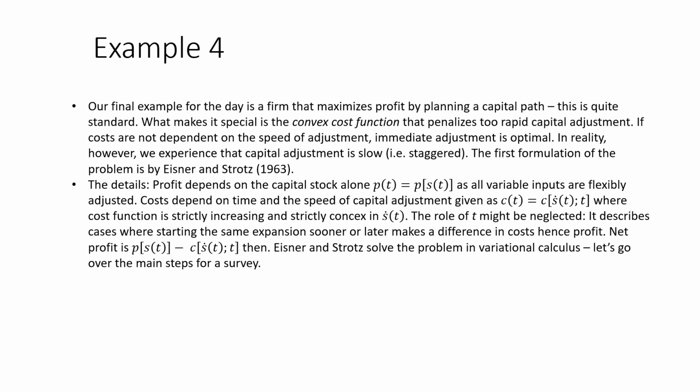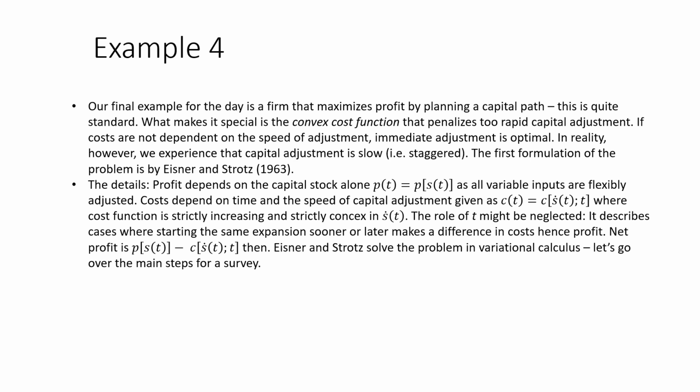Our final example for the day is quite special. This is about a firm that maximizes its profit by planning a capital path, which is quite standard. It can be generalized into a whole economy, which can be interpreted as if it was a single firm, just as we did in the previous two examples.